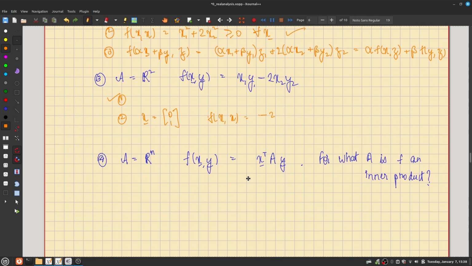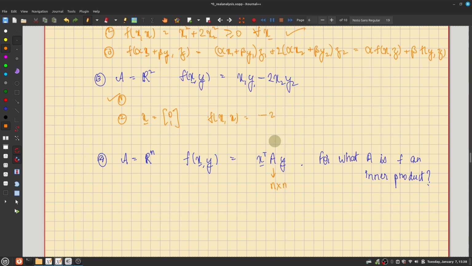In general, suppose I take an arbitrary n by n matrix A, and the inner product is defined as x transpose A y. All right, it depends on A.